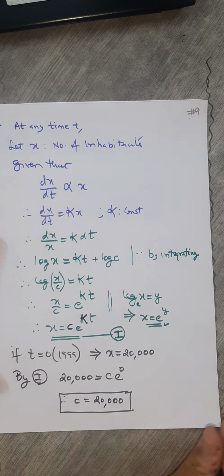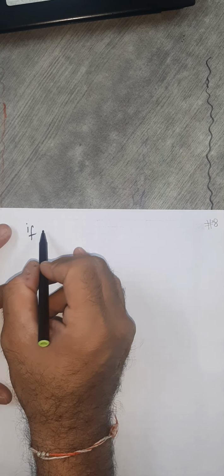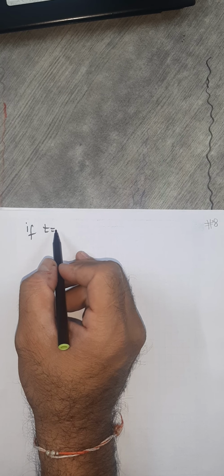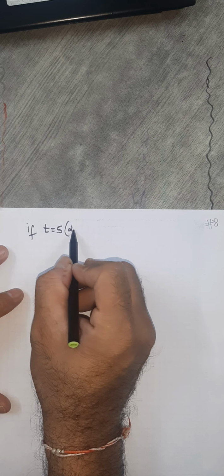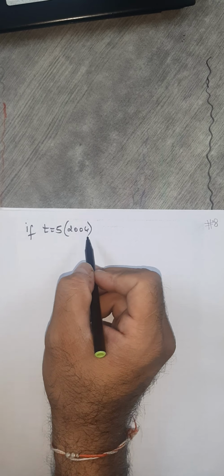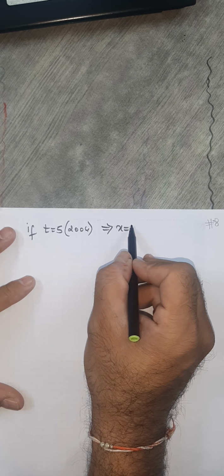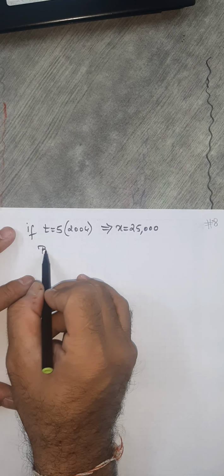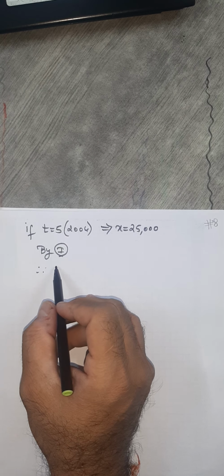Fine, you have c. Now again we use 1 and we use the other condition. What is that other condition? Now the population is for which year? 2004, that is after 5 years. So t is 5, that's 2004, remember. 1999 and 2004. What's the population? x equals 25,000. So if I use again 1, what is the left hand side?